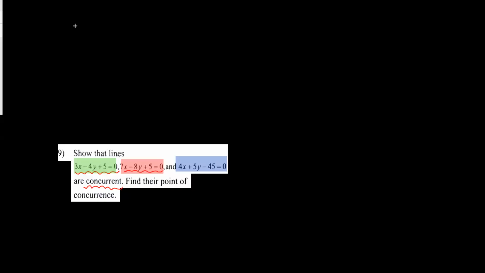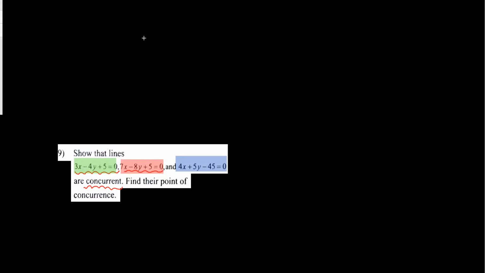Or in other words, I have to prove that the point of intersection of this line and this line is also the point of intersection of the third line. You understand? They all have the same point of intersection.